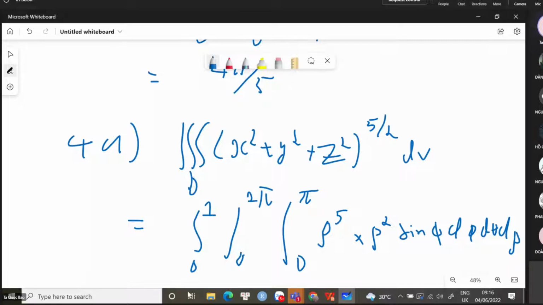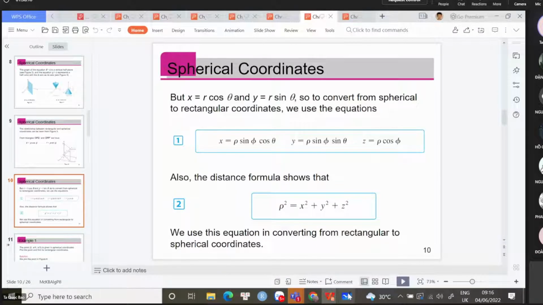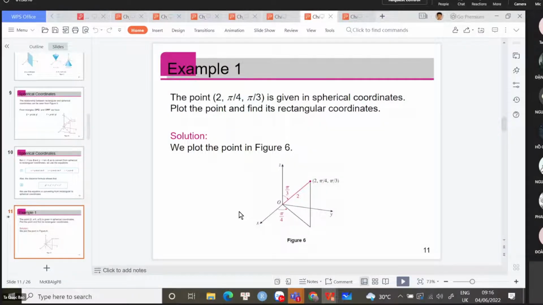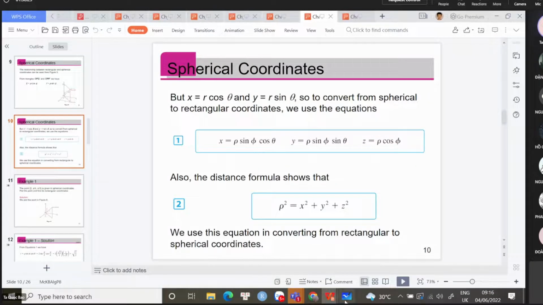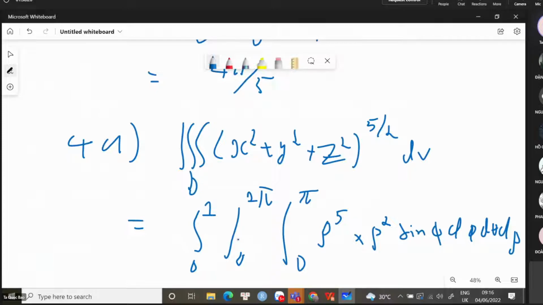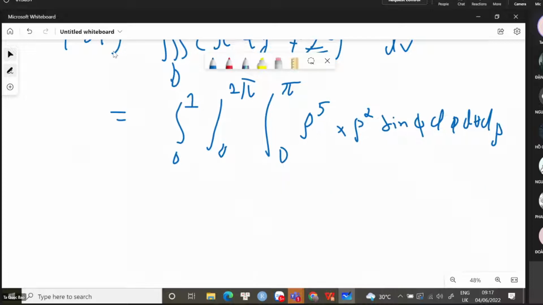Okay, rho now takes values from 0 to 1, theta from 0 to 2 pi, and phi from 0 to pi. So from here, this is a triple integration. Then you just calculate this integration, and you obtain that it is equal to pi over 2.